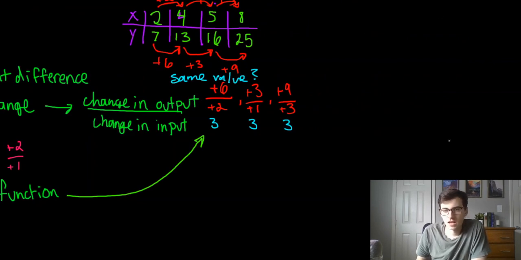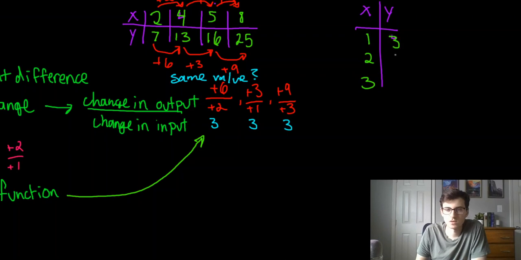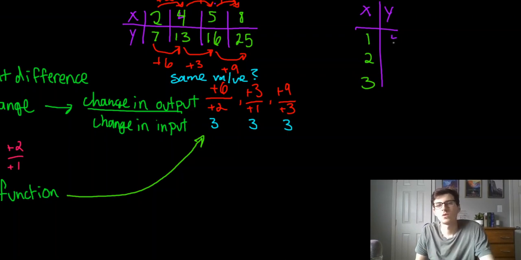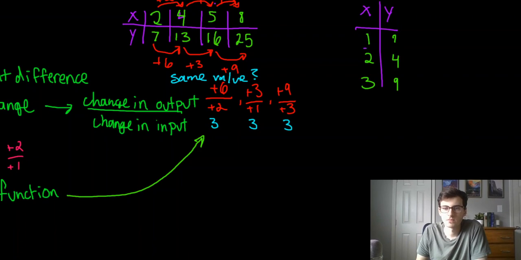If I had something like this, 1, 2, 3, and then over here I have 1, 4, and 9. Some of you might recognize this pattern.